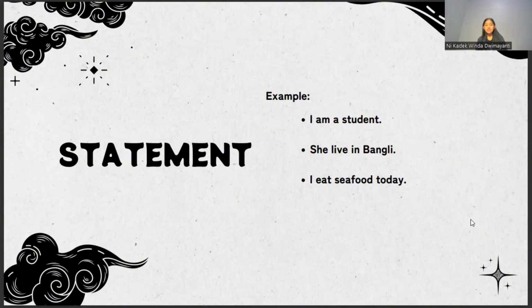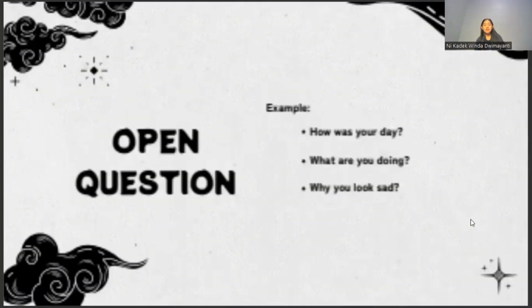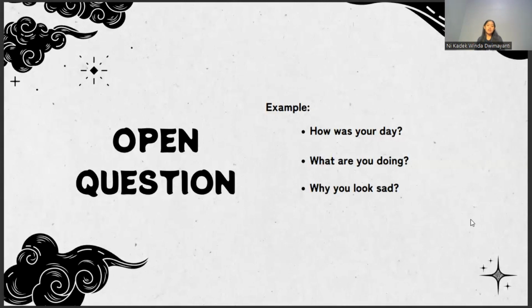Next sentence is open question sentence. An open question sentence is one that uses what, where, why, when, who, and how. This sentence usually aims to provide information to the questioner.